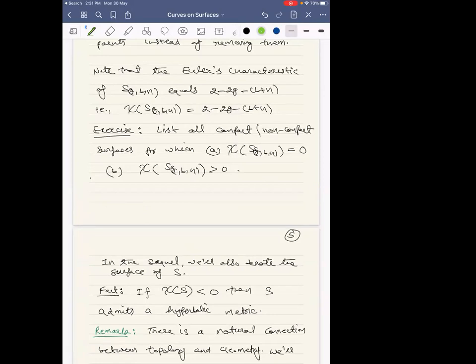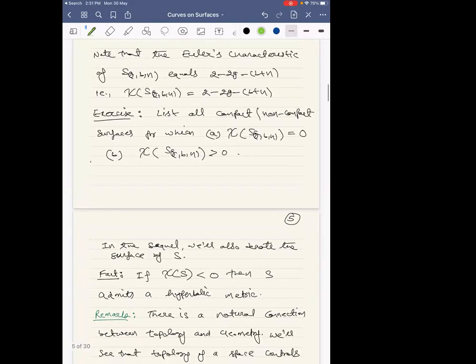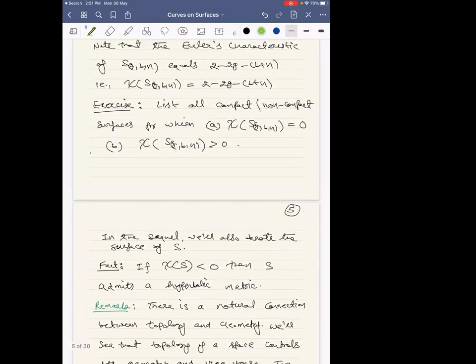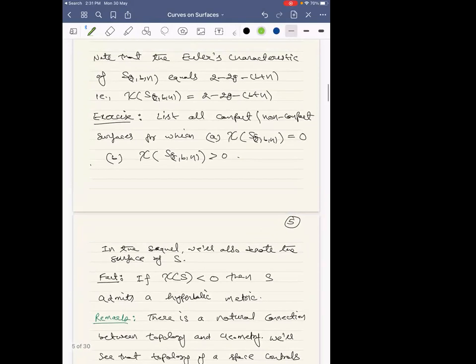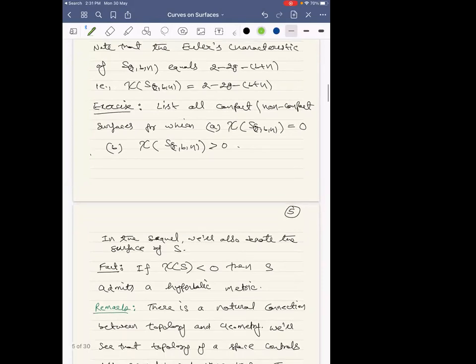This is just a simple number theoretic argument for why there are only finitely many surfaces with non-negative Euler characteristic. In the sequel, we will also denote our surface simply by the symbol S.